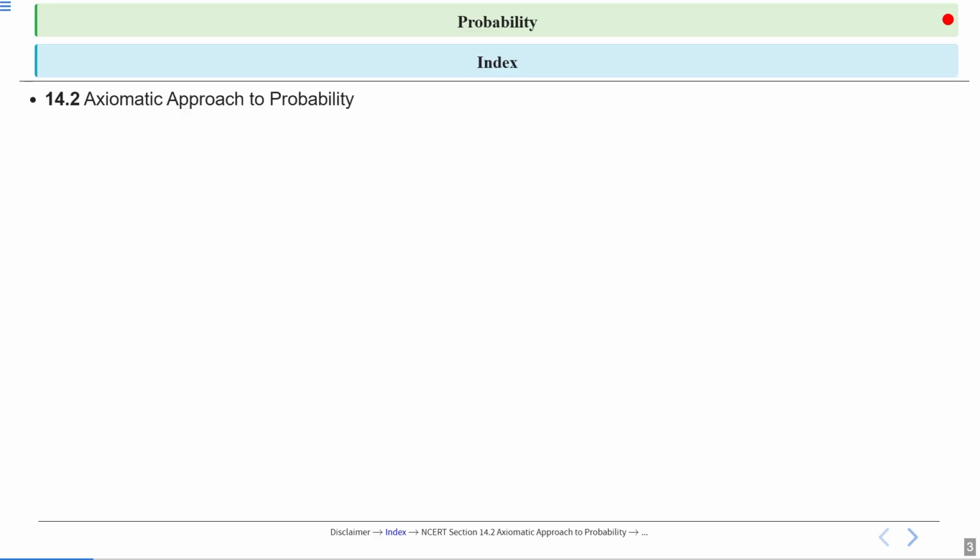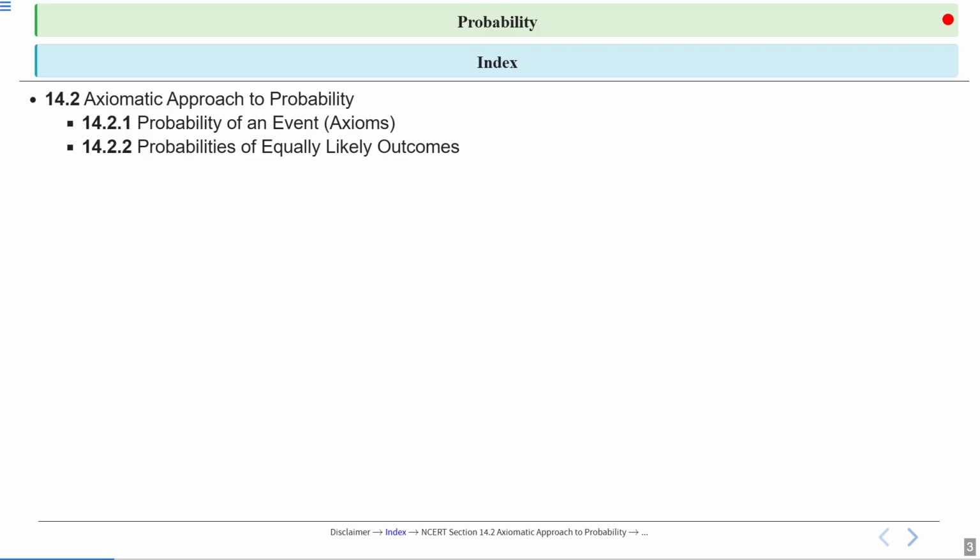First, we will discuss the axiomatic approach to probability, and then we will discuss probability of an event.